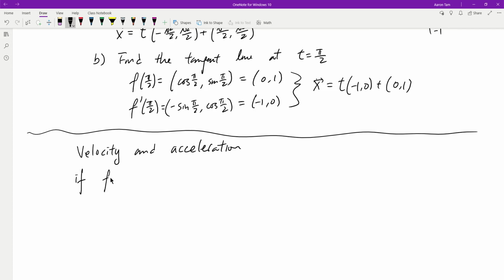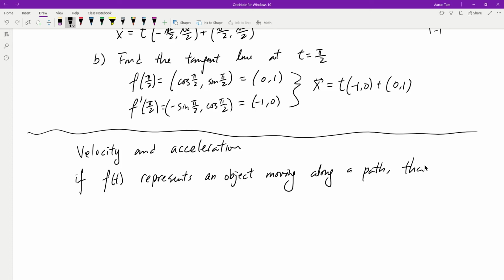So if f of t represents not a curve, but rather an object moving along a path or a curve, then f prime of t is actually called the velocity vector.